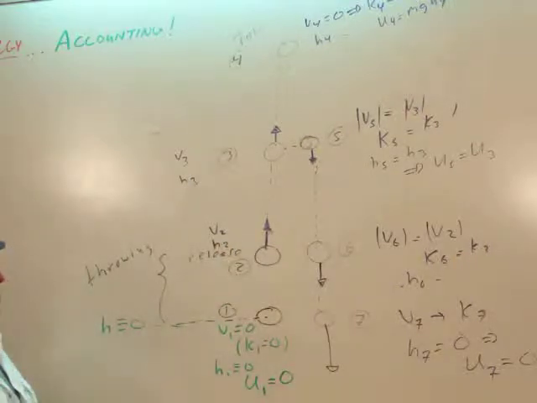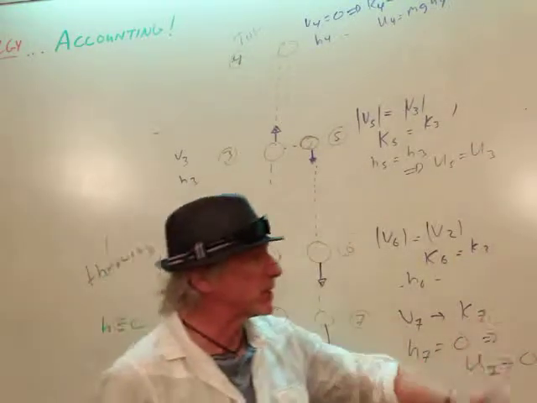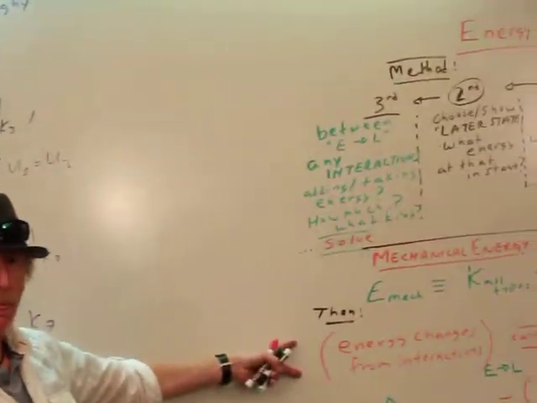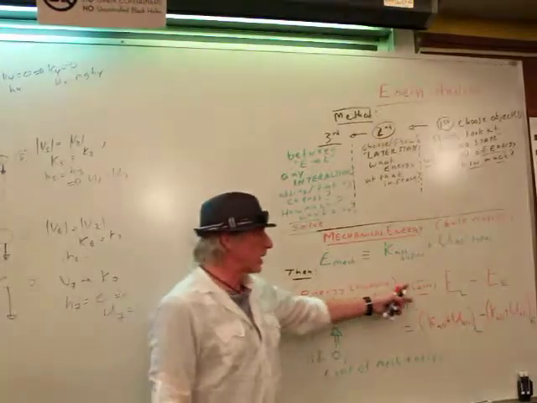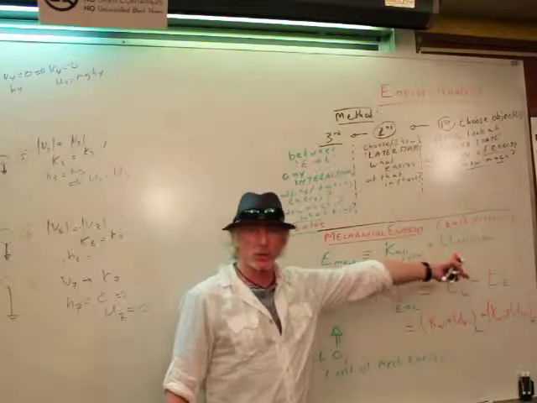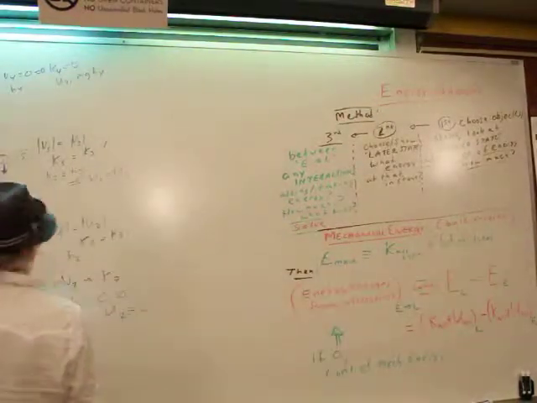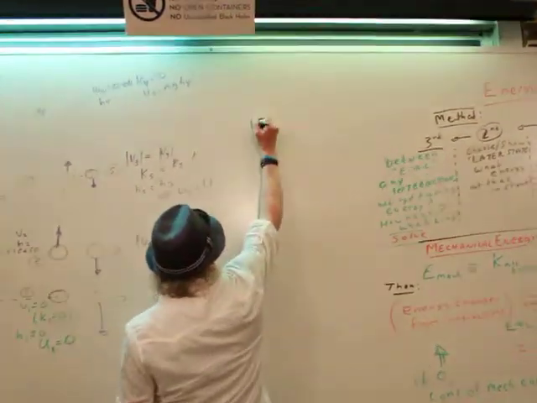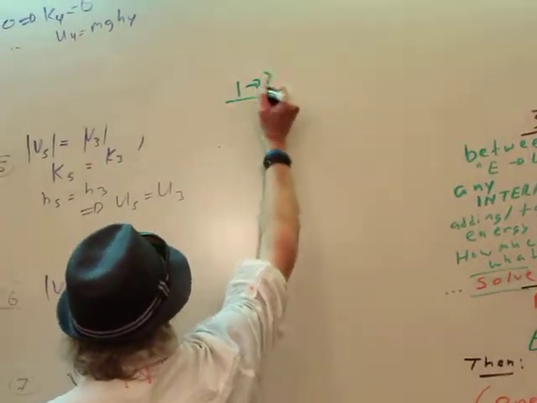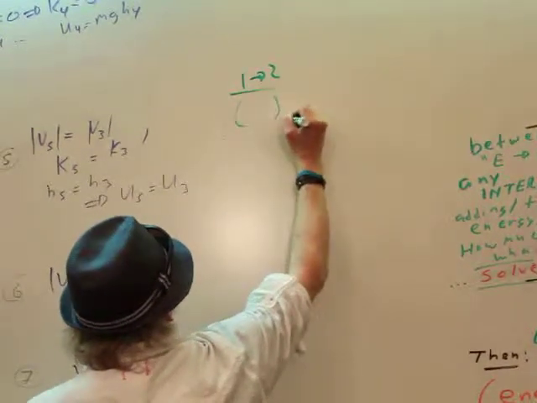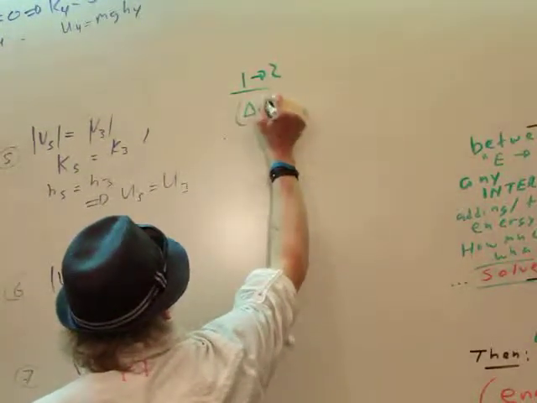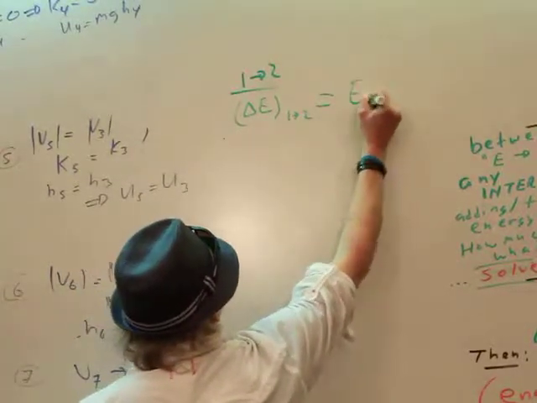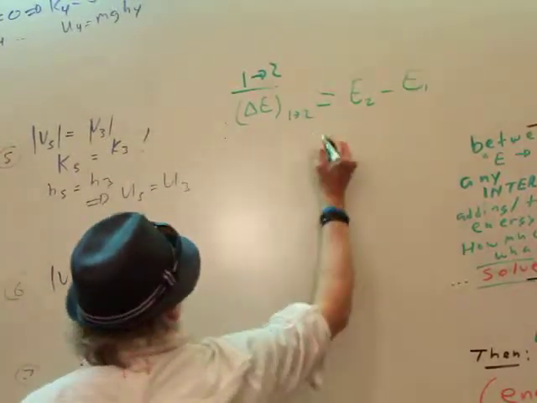Now here's the interesting thing too. Suppose I go 1 to 2. Now I'm going to use my basic format. Energy changes between states will equal the energy later minus the energy earlier. So let's do this. Let me just go 1 to 2. So I really recommend writing that, and then I go from 1 to 2. I'll just say change in energies from 1 to 2 through interactions causes my energy at 2 minus energy at 1.